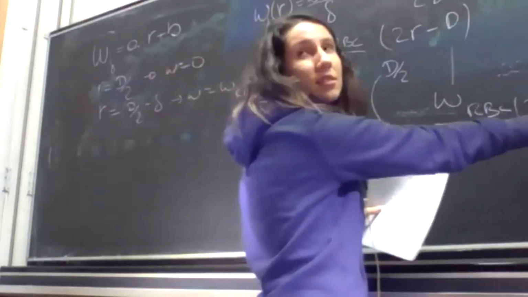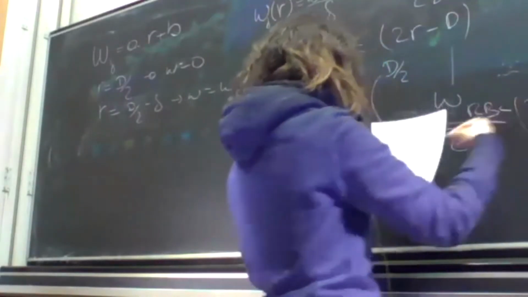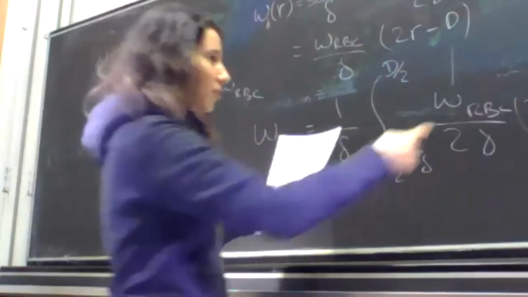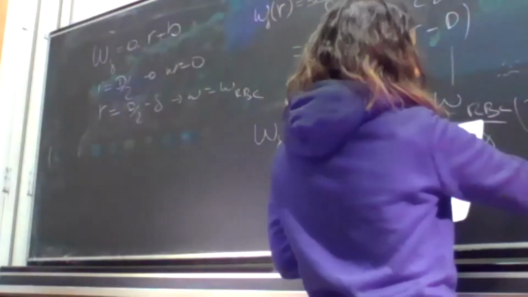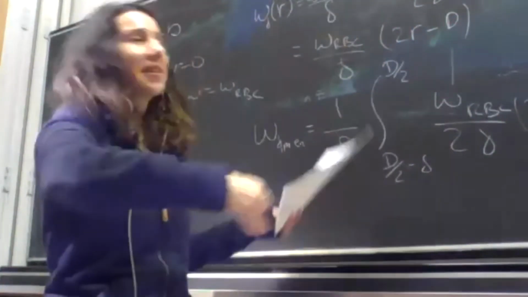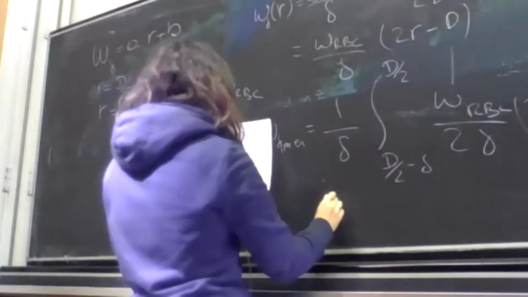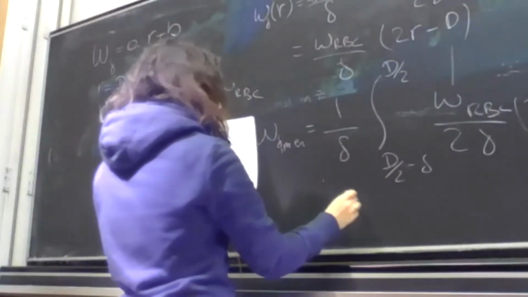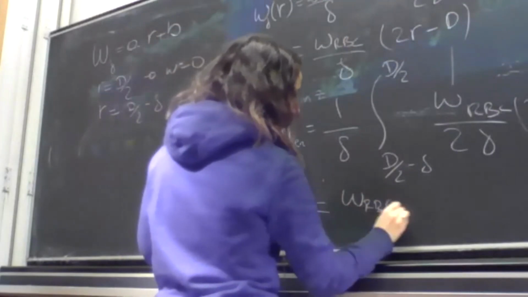This is not dependent on the radius, it's only this part. If you do the integral, I hope you know, everything closes down, and at the end we have the velocity divided by 2.